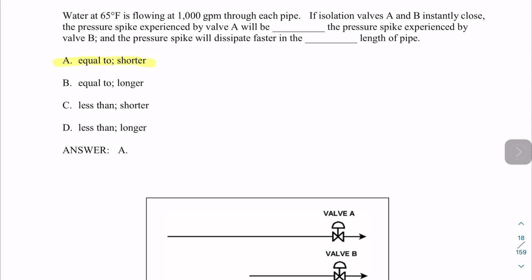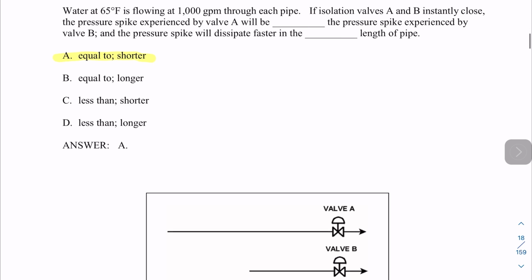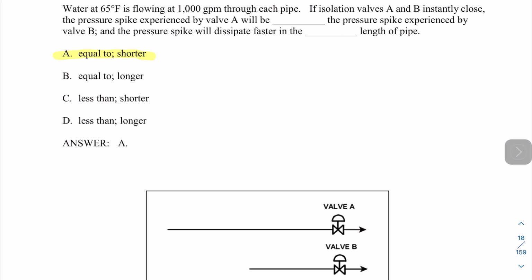Water at 65 Fahrenheit is flowing at 1000 GPM through each pipe. So in each pipe we have the same everything: the same flow, the same temperature.